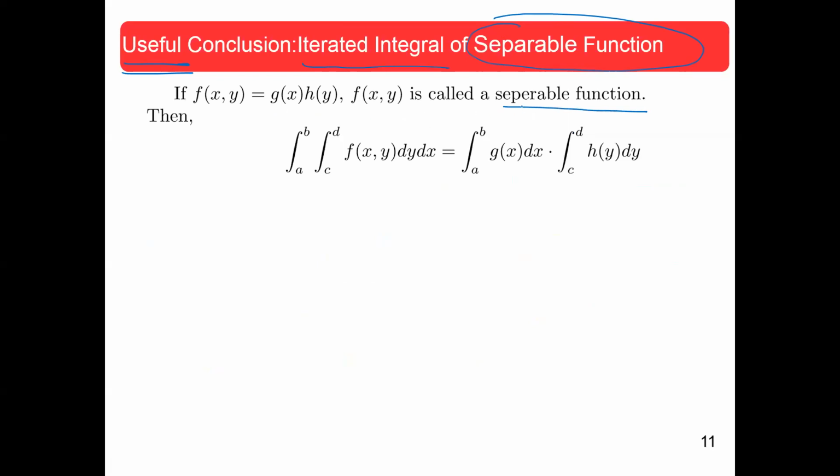What kind of function is called a separable function? Those are functions of two variables f of x, y that can be written as a product of a function of x only and a function of y only. So if my function f of x, y is a function of x times a function of y, then f of x, y is called a separable function.